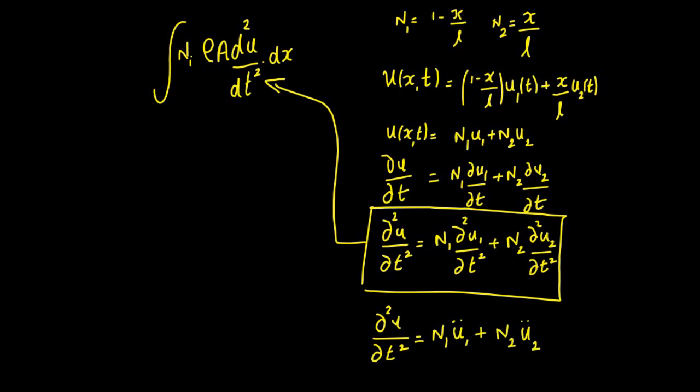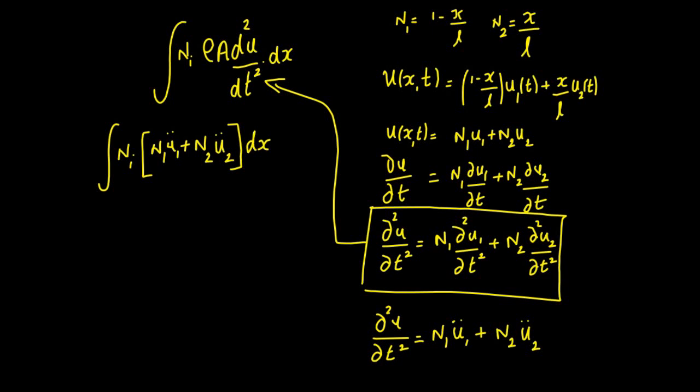If I do that, I'll be getting the integral of Ni into N1 u1 double dot plus N2 u2 double dot into dx.